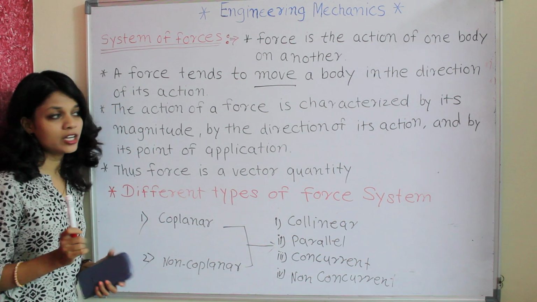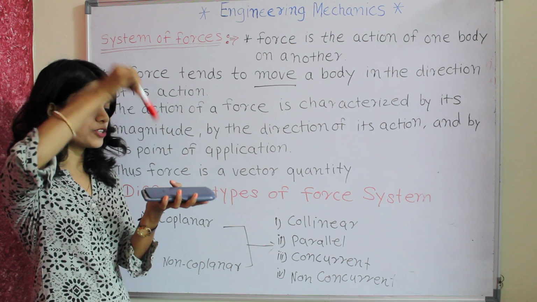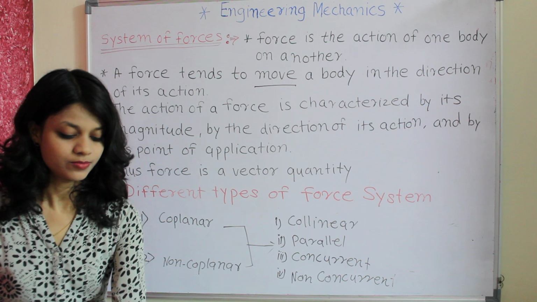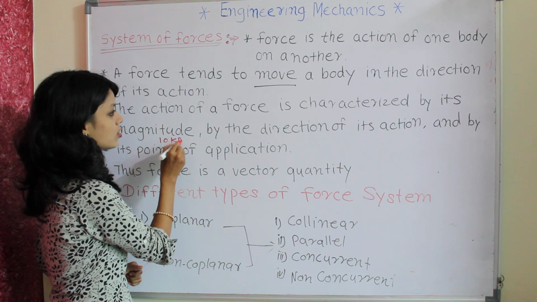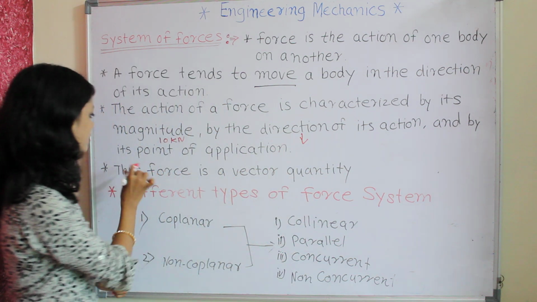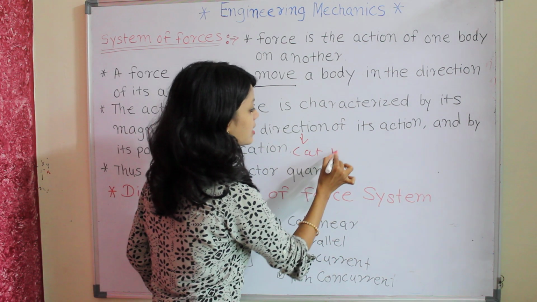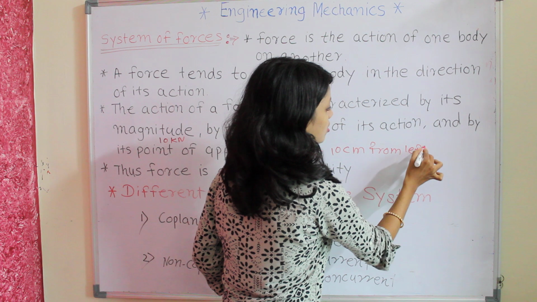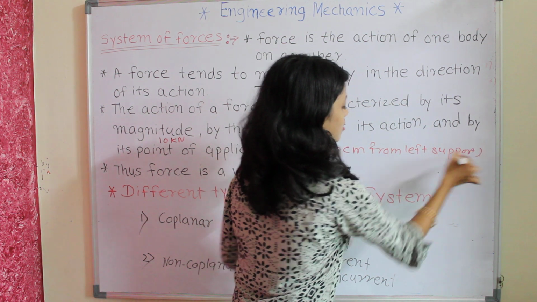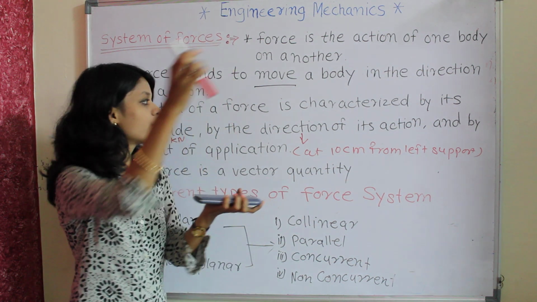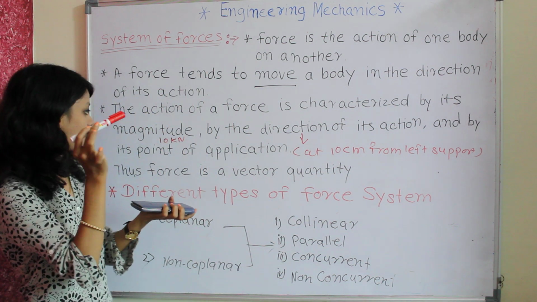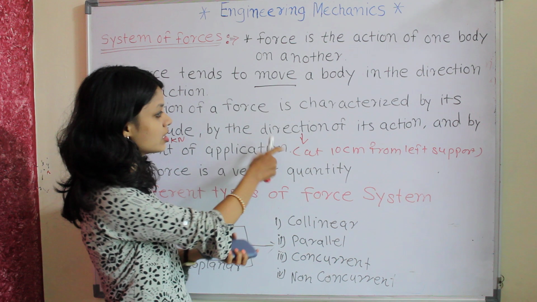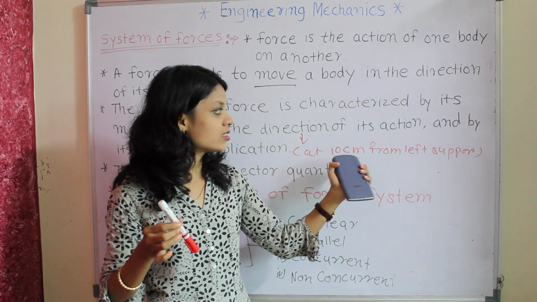Point of application, magnitude, direction: that means if we apply a 10 kN load in downward direction at 10 cm from left support, the magnitude is 10 kN, the direction is downward, and the application is at 10 cm from left side.